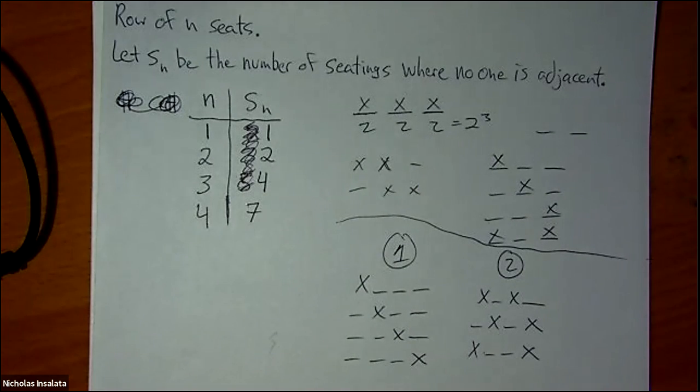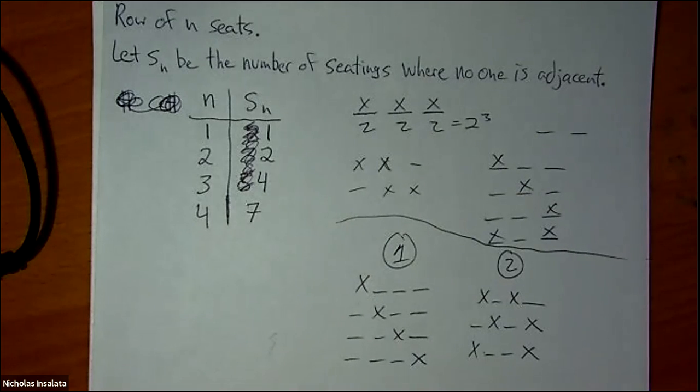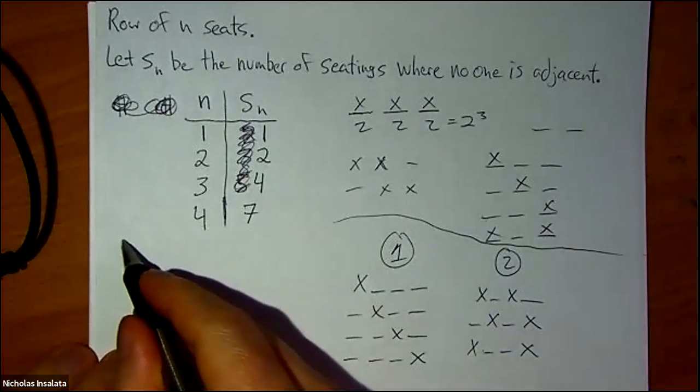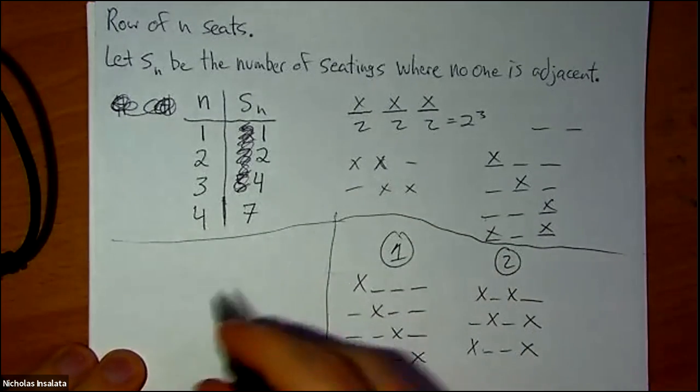Or, pardon me, not a person, a seat. Should we add a new seat at the front or at the back? The back. Okay, sure. So in that case, what we're going to have is two situations.